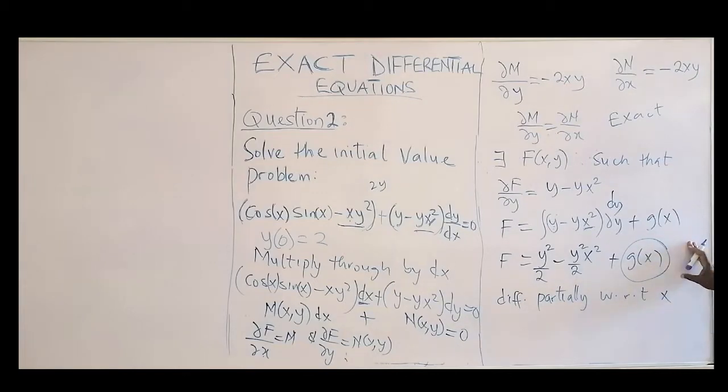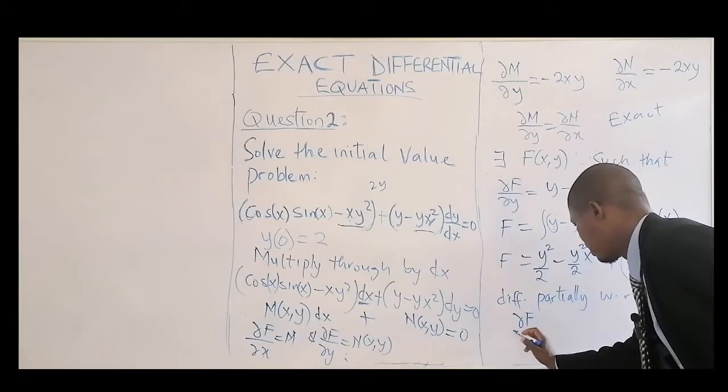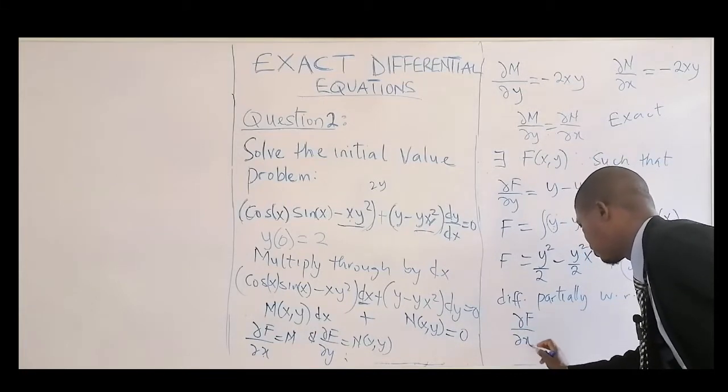For you to get the g of x, you must first of all differentiate partially with respect to x, and this will give you the partial differential of f with respect to x.